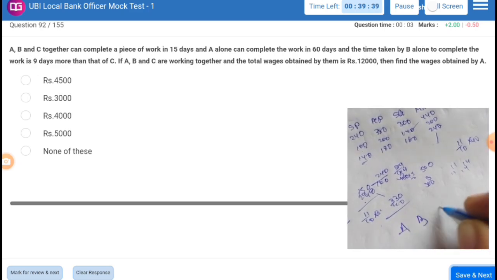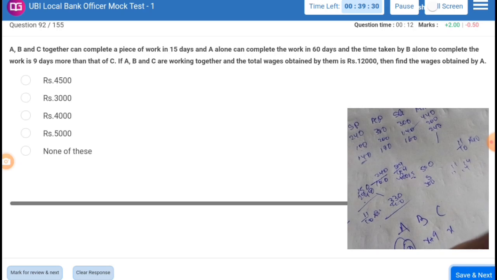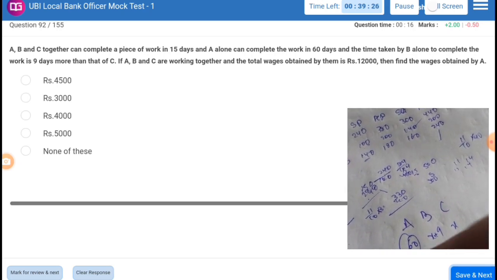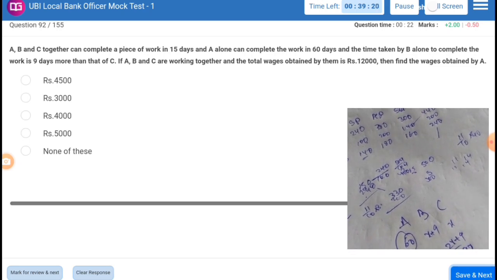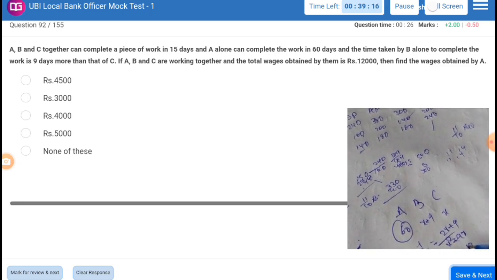So ABC. x plus 9. 20. Minus 180 equal to 0.